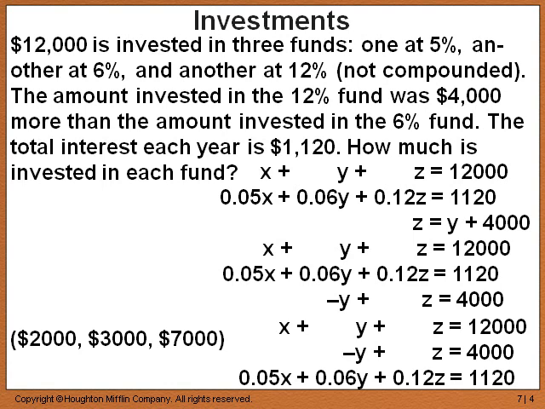Here's the answer. X equals $2,000, Y equals $3,000, Z equals $7,000. That means that $2,000 are invested in the 5% fund, $3,000 are invested in the 6% fund, $7,000 are invested in the 12% fund.